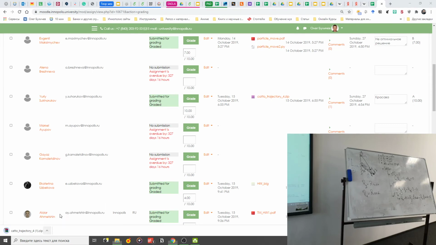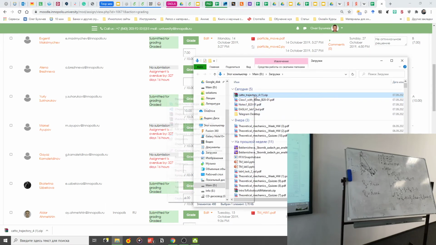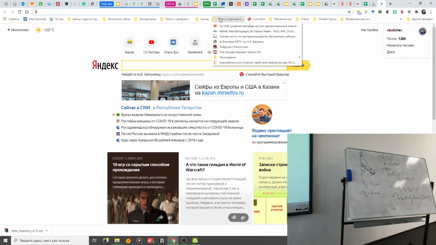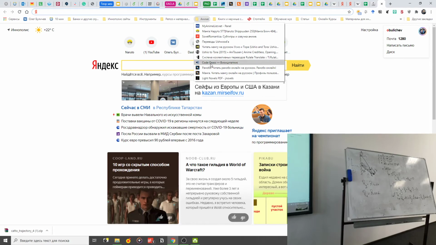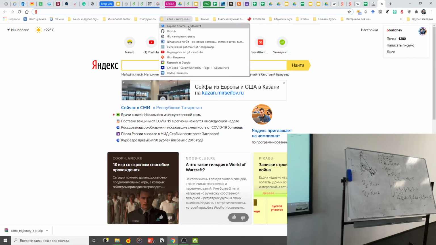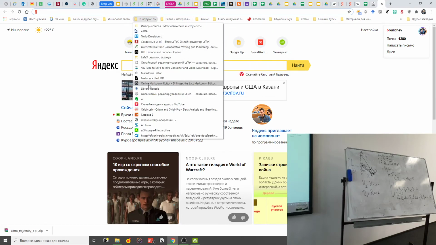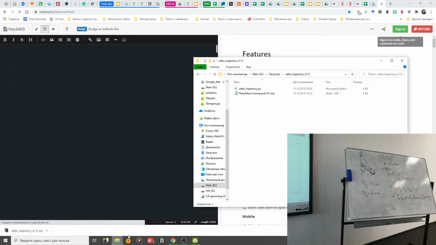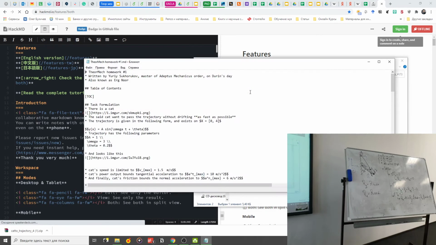Let's open it. Markdown in Python. He provided Python and this one. After this, I'm opening where it is, markdown, yes, and my submission just to highlight the color.